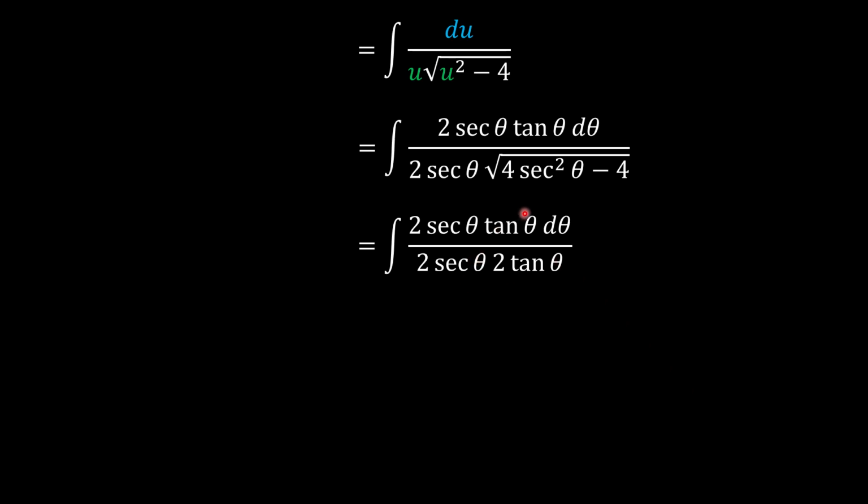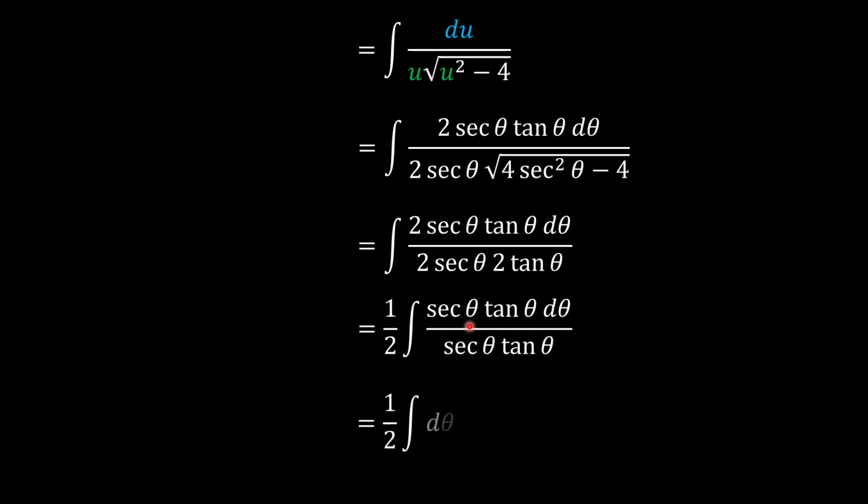So we see that the numerator and the denominator cancel out, and we are left with the integral of 1, with the constant half outside the integration sign. So this results in half theta plus the integration constant c.